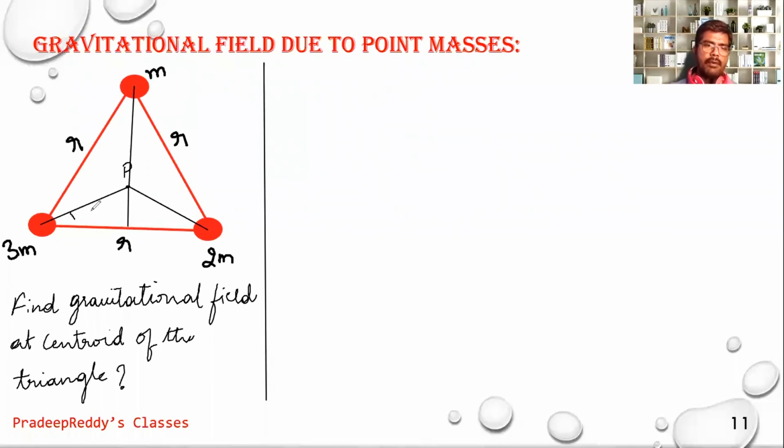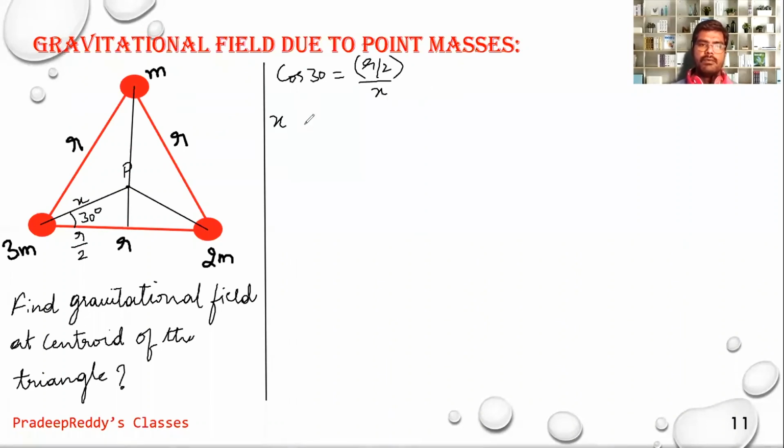This angle will obviously be 30 degrees, and this length will be r by 2. I want to find this x. x is the centroid length. In order to use the gravitational field equation, first I should calculate the distance of the centroid from the vertex. So for the centroid distance, you can write cos 30 is equal to r by 2 divided by x.